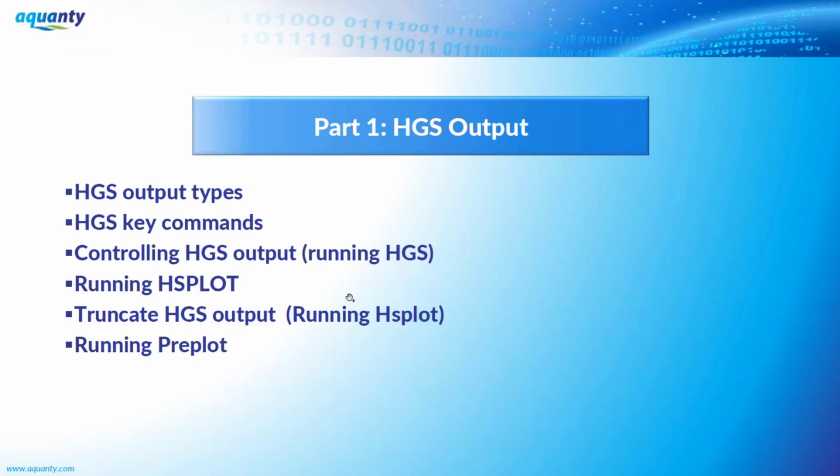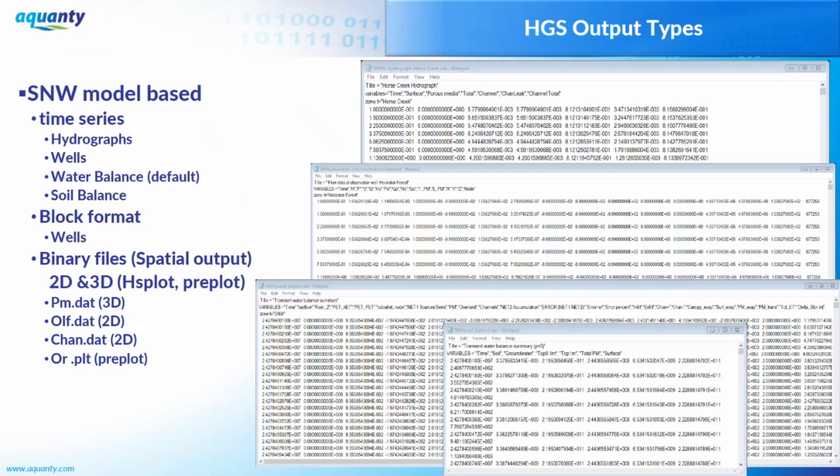Okay, so what are the types of output? Here we have something called a time series output, and this is familiar. You have a first column, which is time, and you have other variables depending on what type of command you are using. So we have hydrographs.